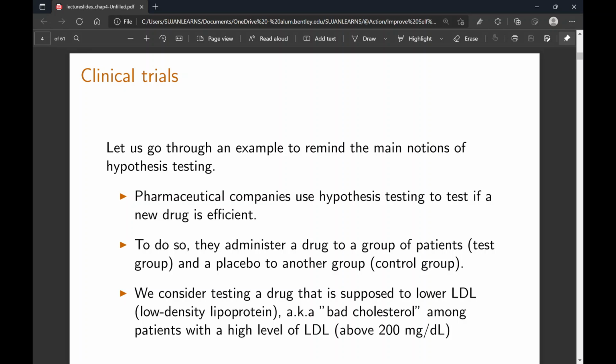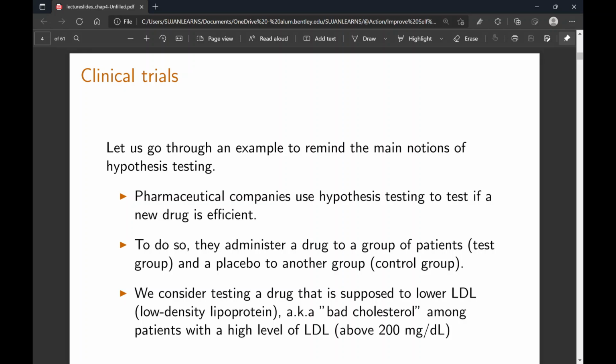In this case, they are administering a drug to a group of patients, and these are called test groups. And the other group, which they have recruited for this experiment, is called the control group because they are not given the real medicine, but they are given a placebo.